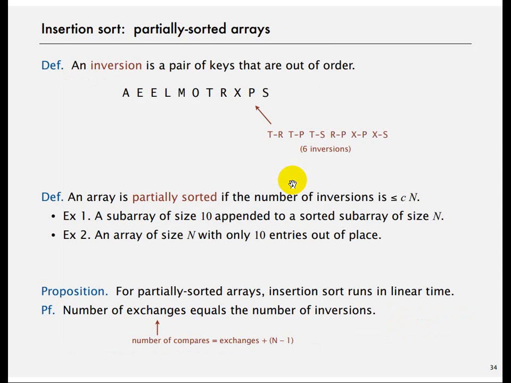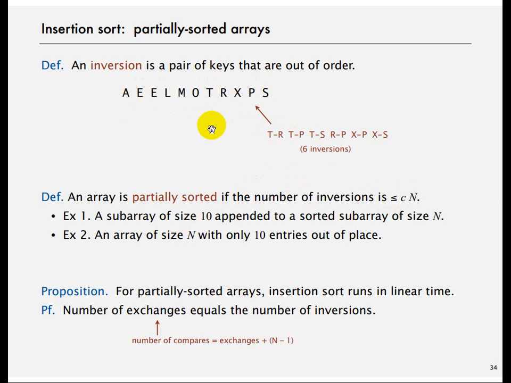Okay, so now we go to insertion sort for partially sorted arrays. In this case, the number of inversions is the number of swaps. These are the kind of elements that are out of place. There are 6. The idea is that an array is partially sorted if the number of inversions is less than or equal to some constant times n, where n is the size of the array.